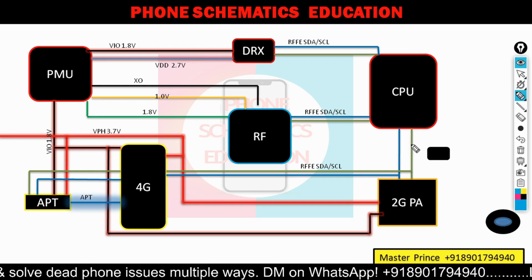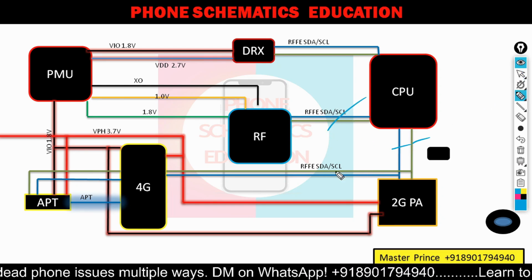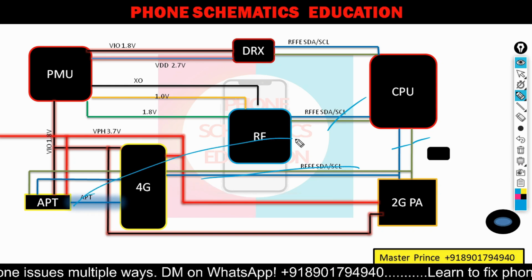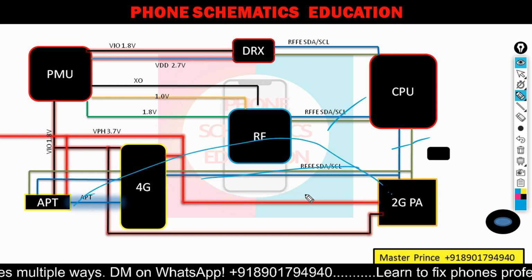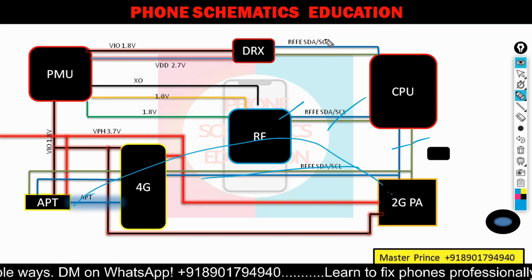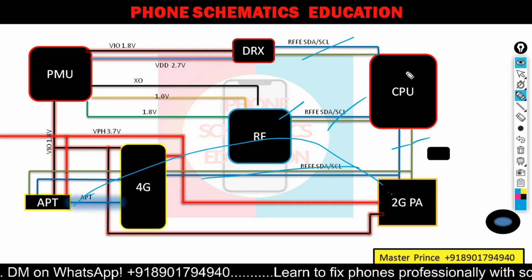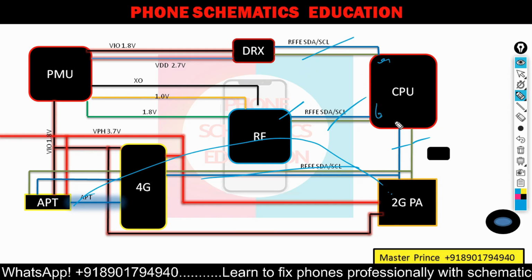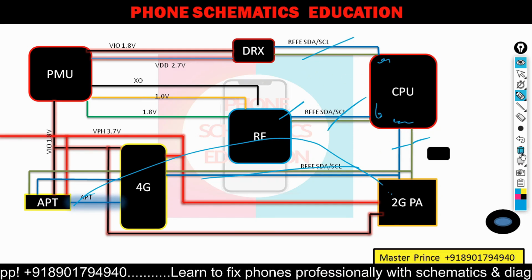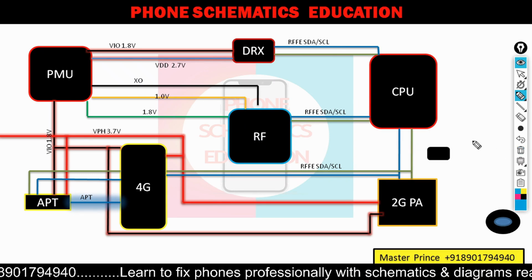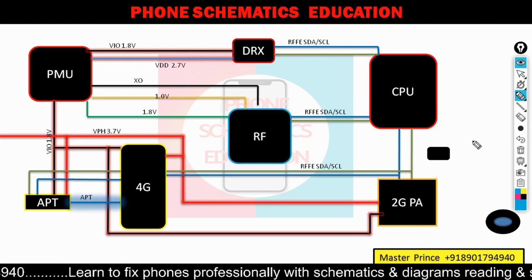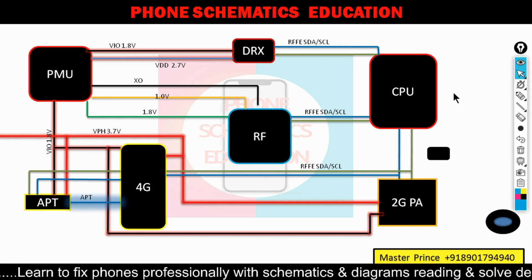This one is separate. These communications are together for the 2GPA and 4GPA ICs, but the transceiver IC and the DRX IC are connected with separate balls. I hope you get my point. Let me show you in the schematics. The video is already long.